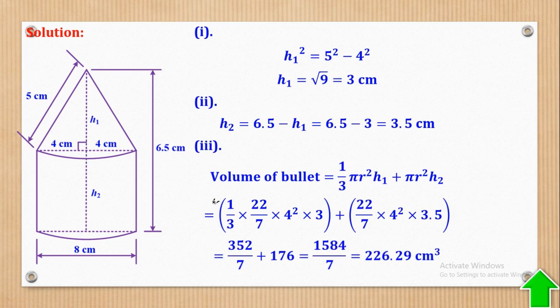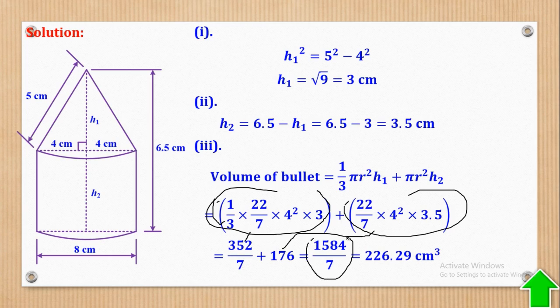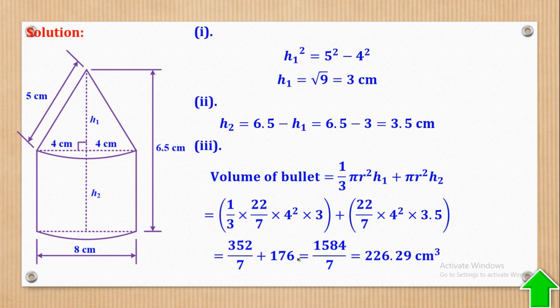When I simplify this bracket, I'll come up with this 352/7. Then when I simplify this bracket, I'll come up with this, and when I add the two, I'll come up with this, and when I use the calculator, rounding off to 2 decimal places, it will be 226.29 centimeters cubed. So basically that's what they wanted.